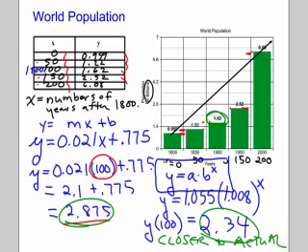So what's really important here is that you recognize how to read these models from the calculator and then go back and use each model to compare what you would get using that model to see which one of them is a better model for the actual data.